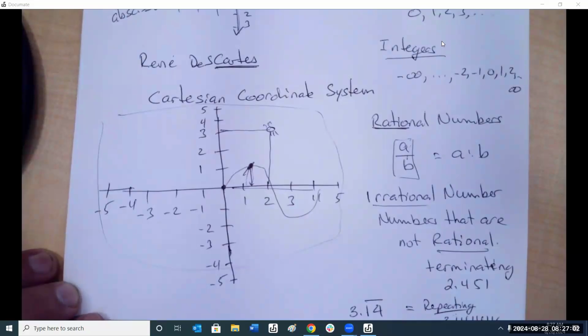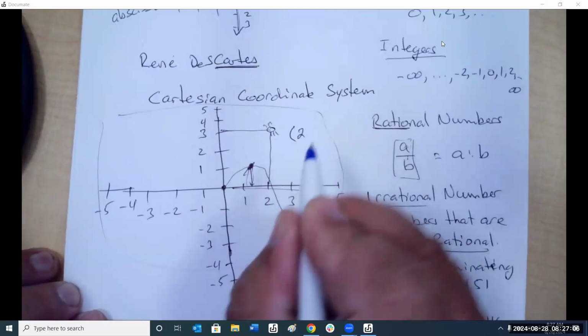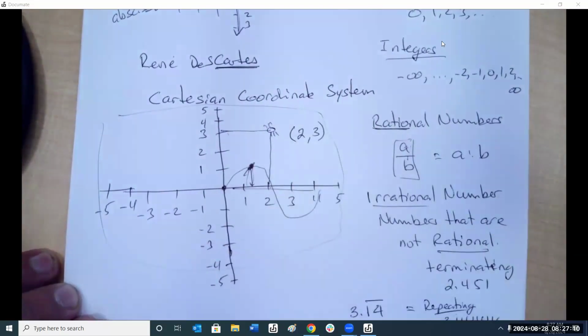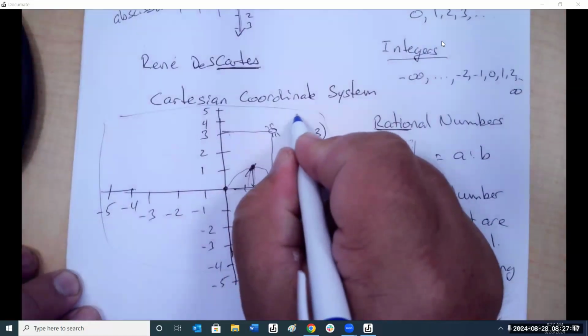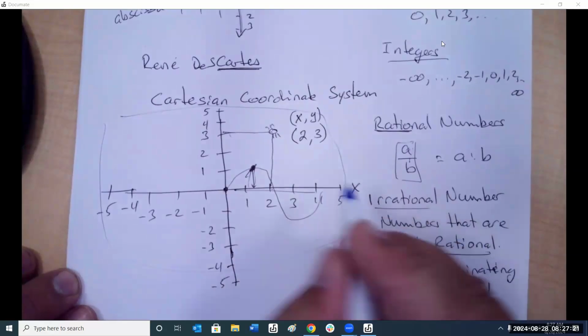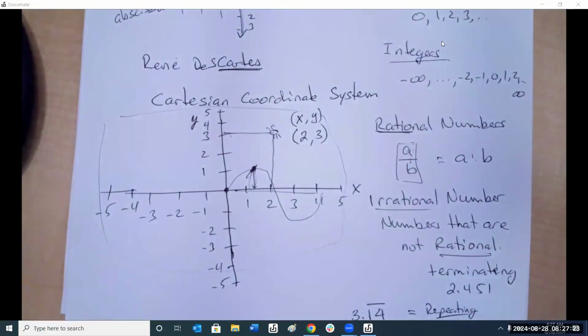So what is that spider's coordinate? It's 2 on the x-axis and 3 on the y-axis. That's its location. Because remember, x goes before y. X is horizontal, y is vertical.